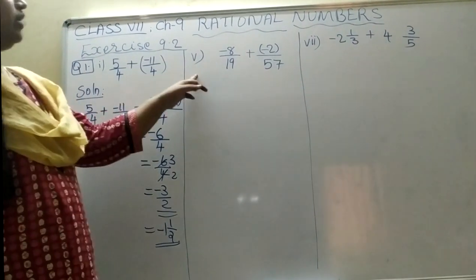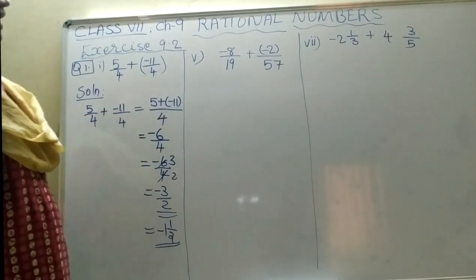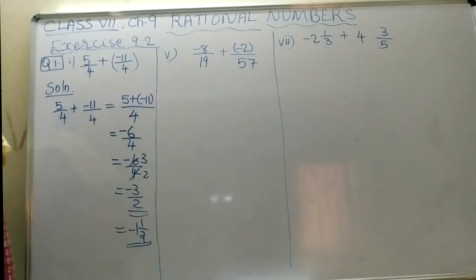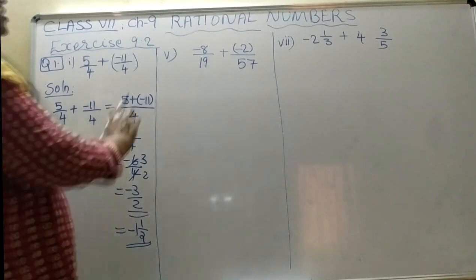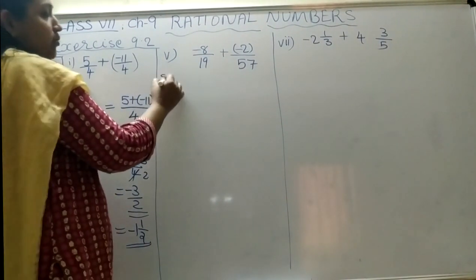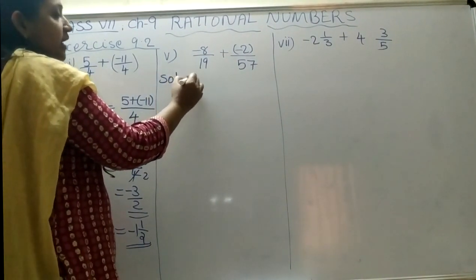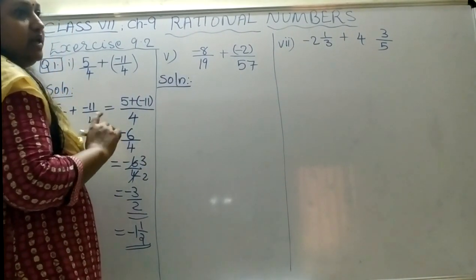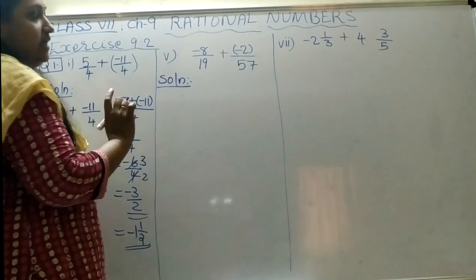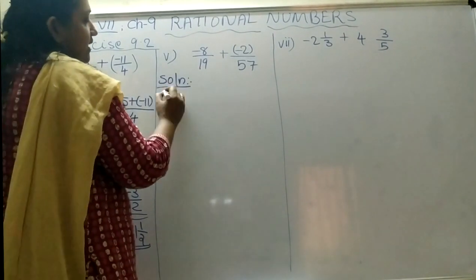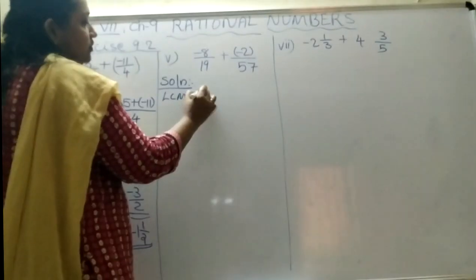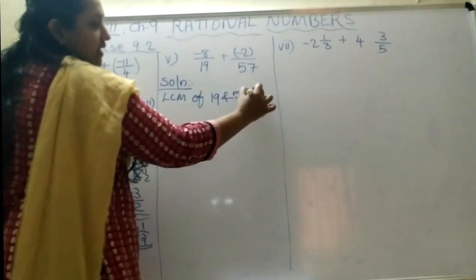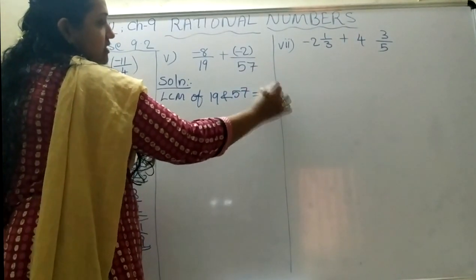Next is question number 5. Minus 8 upon 19 plus minus 2 upon 57. How to add these two rational numbers? Here the denominators are different, so we can make the denominator equal by finding the LCM. That is LCM of 19 and 57 is 57.